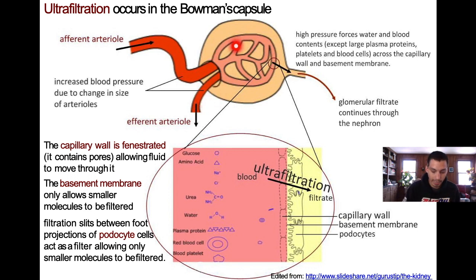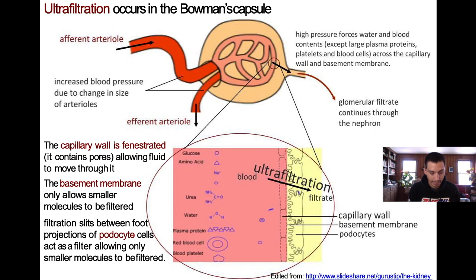And so there's really high pressure inside of Bowman's capsule. The reason for that is that high pressure forces water and the blood contents to leave the capillary walls and go into Bowman's capsule. And that can then be captured by Bowman's capsule and continue into the nephron.